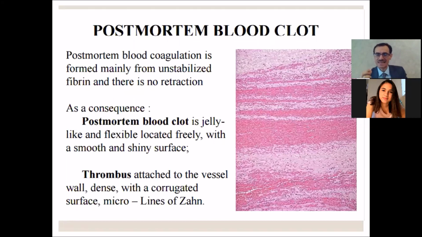But the thrombus is mainly found in the arterial vessels, firmly attached to the vascular wall, with a corrugated surface that depends on the pulsation. And microscopically, a very interesting finding, we call it the lines of Zahn. You see here, these are the lines of Zahn inside of the thrombus.